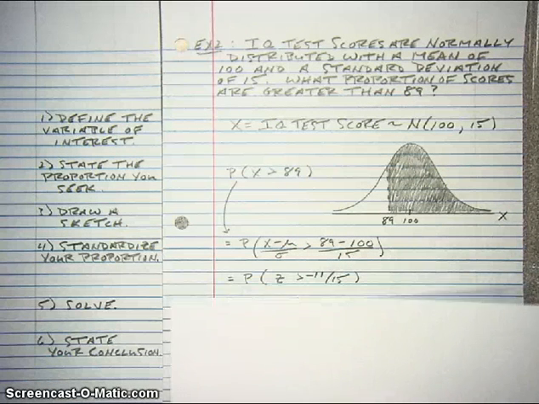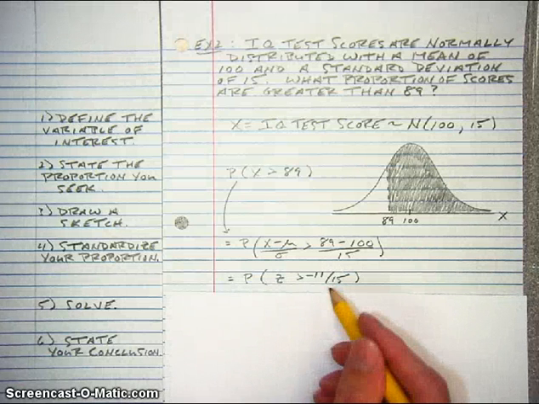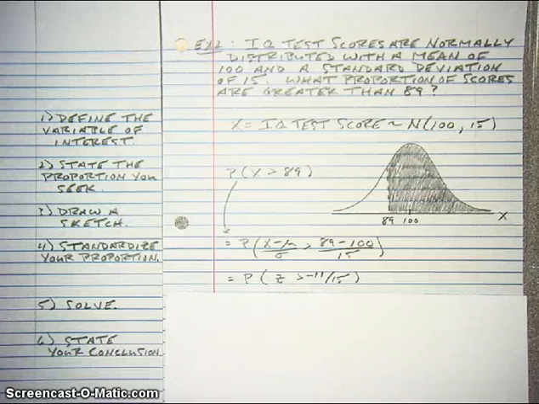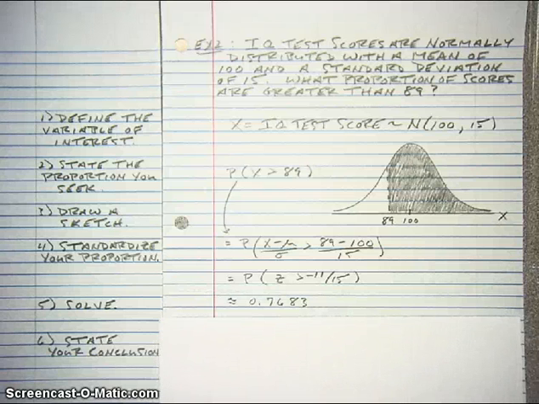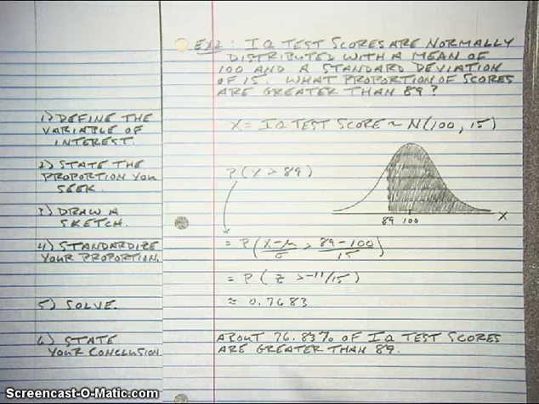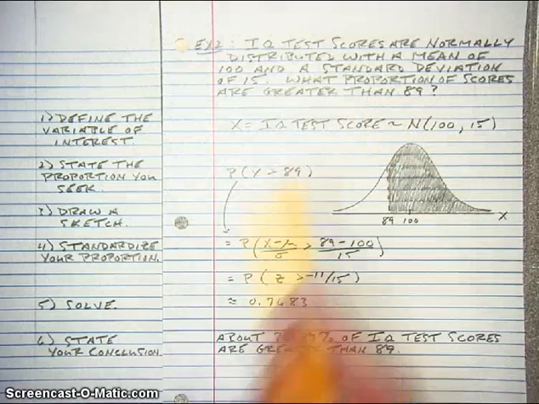That simplifies down to the proportion of z-scores that are greater than negative 11 over 15. And if you go to your calculator and find that, it works out to be about 0.7683. So about 76.83% of IQ test scores are greater than 89. Okay, this is all you need for a conclusion. You state the proportion that you found, and then you say what it is.